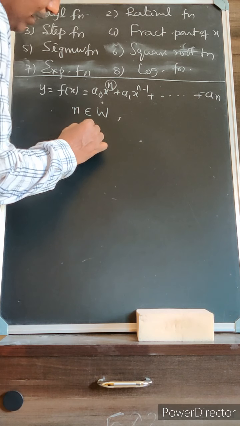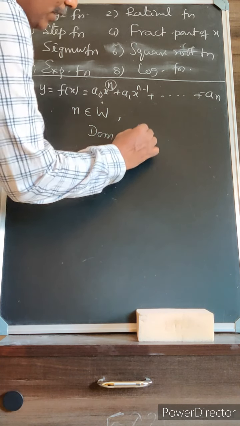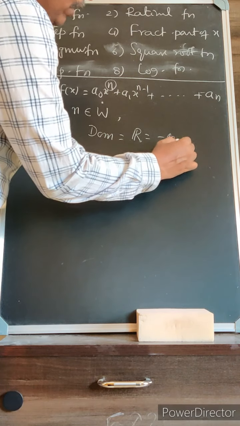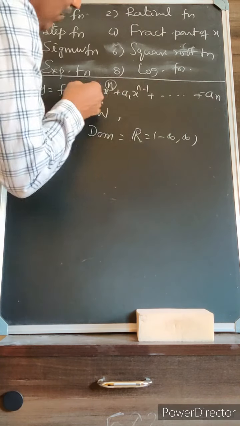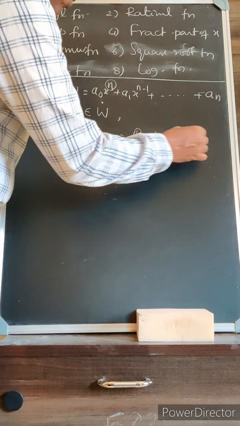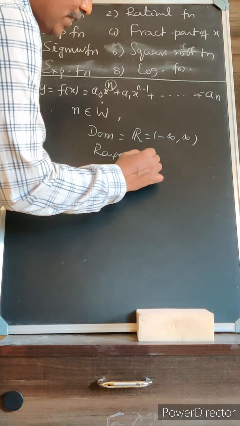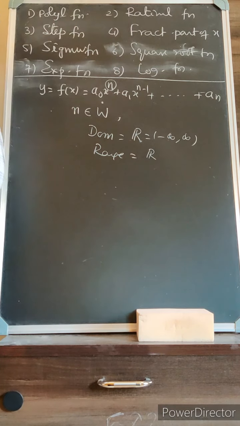For all odd degree polynomials, the domain is the set of all real numbers. That means the polynomial is defined for every real number. Odd degree polynomials will have both domain and range equal to all real numbers.